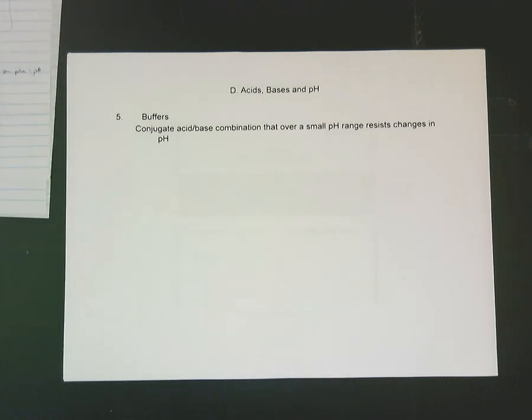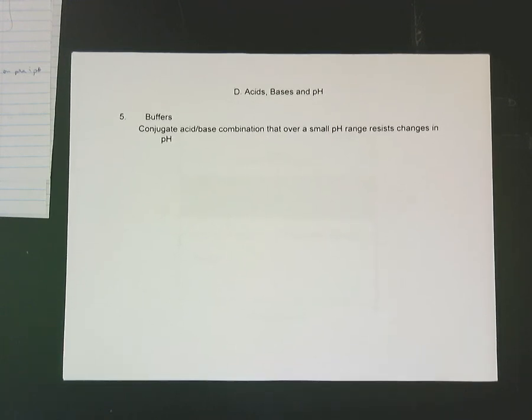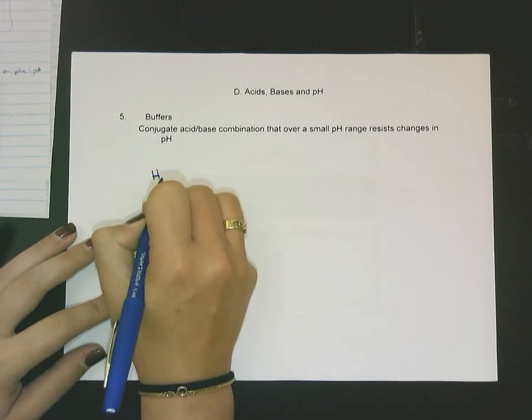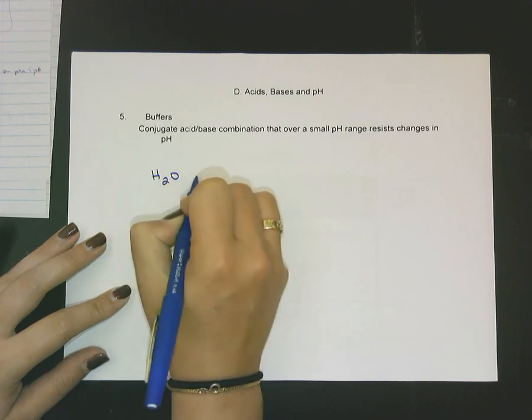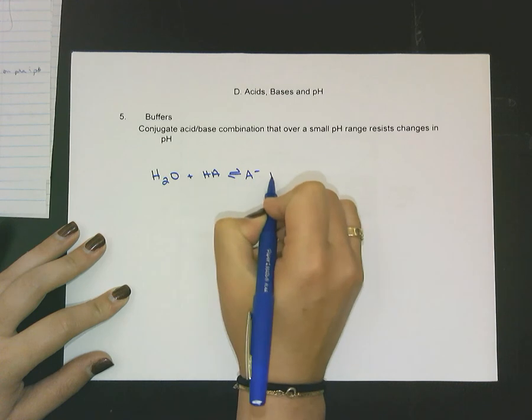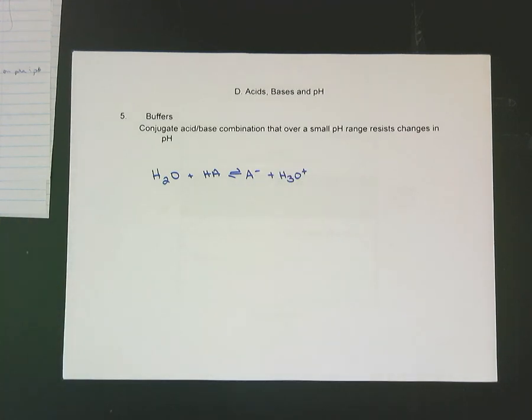All right, so this is our conjugate acid-base combination that over a small pH range resists change in pH. All right, so let's go back to my just water equation. I just have plain old water interacting with an acid to make a conjugate base and a hydronium ion.